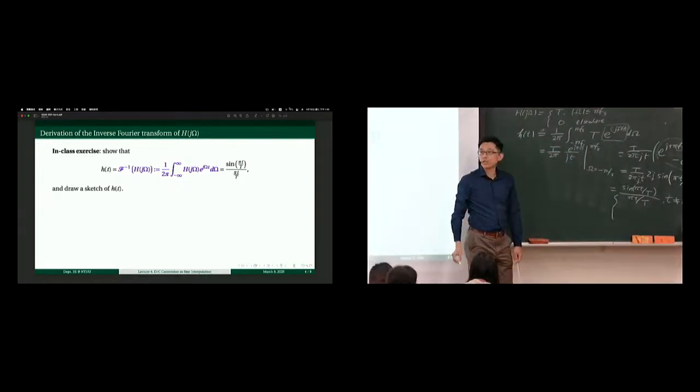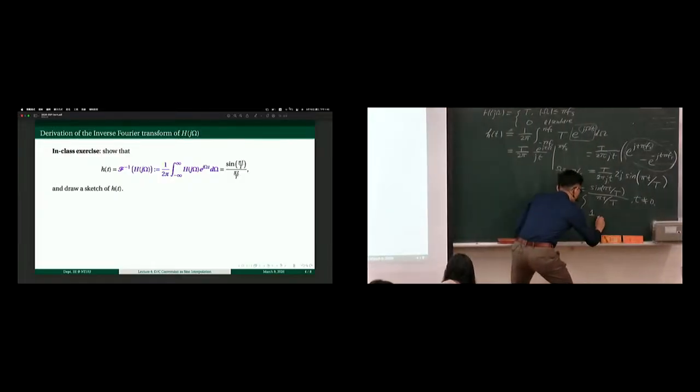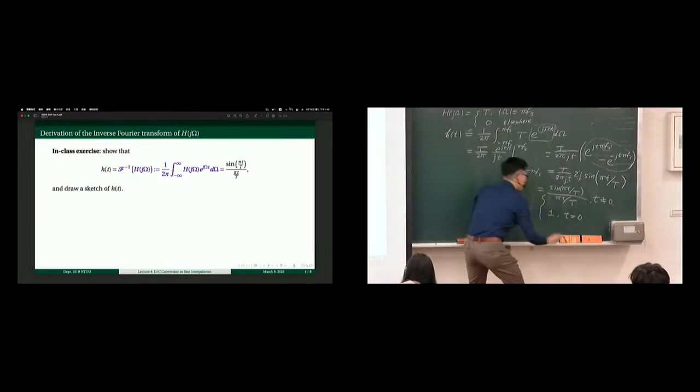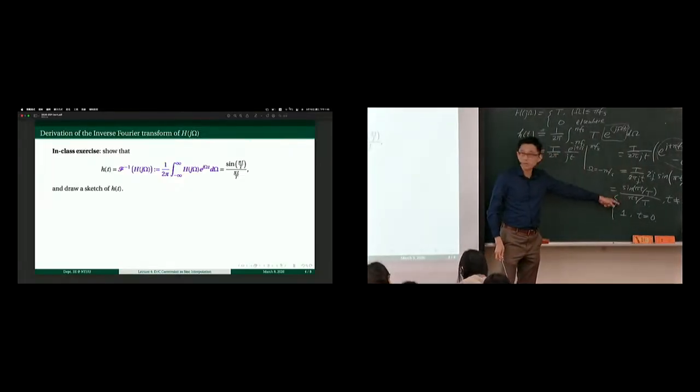So what happens when t is 0? Any suggestion? This is important. When t is 0, there are many different ways, but when t is 0 it is 1, because this expression is not well defined when small t is 0.